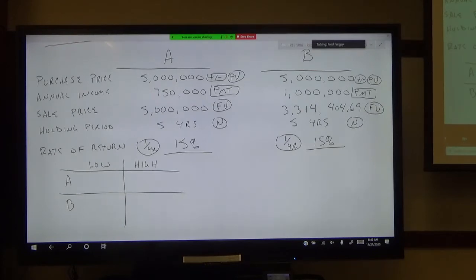Anybody? No one. Okay. So 0 is what we have there. How many of you say portfolio A has the highest risk? 1, 2. Anybody else? 3, 4. Okay. The others of you fail because you didn't answer the question.